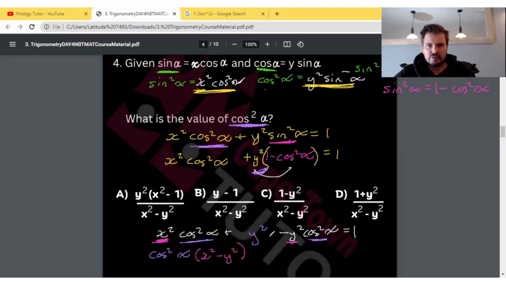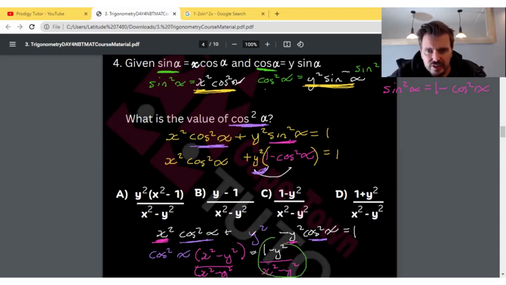And this y squared that's on its own, I'm going to pop to the other side, and I get 1 minus y squared. Okay, and then to get cos squared alpha, I just divide both sides by x squared minus y squared, right? And then the x squared minus y squared cancel. So I should hopefully have this in one of my options, and I do. So the answer is C.